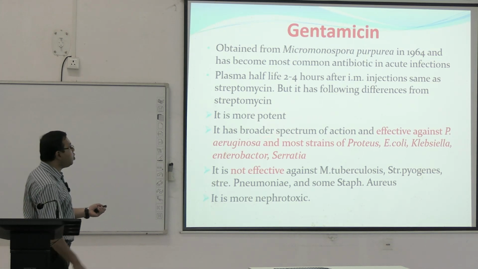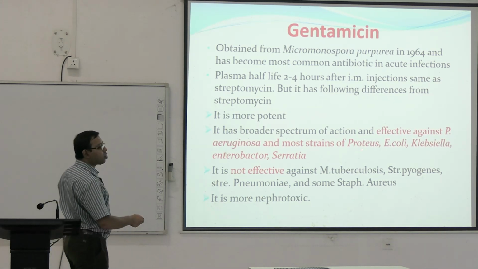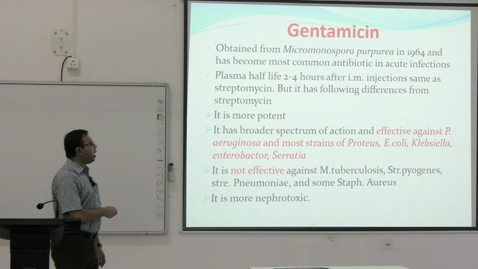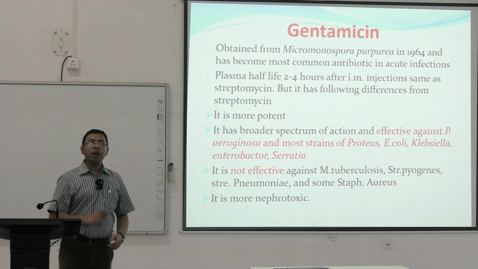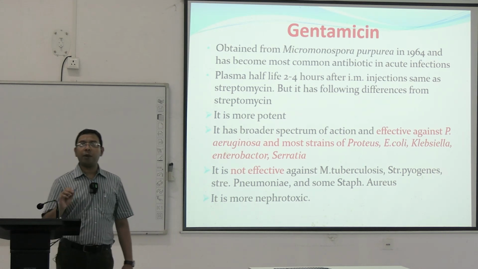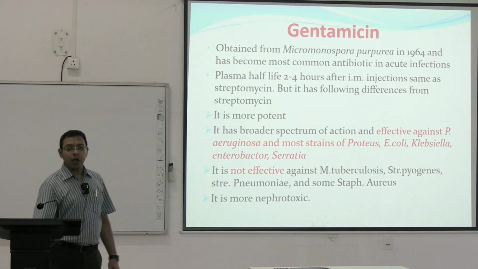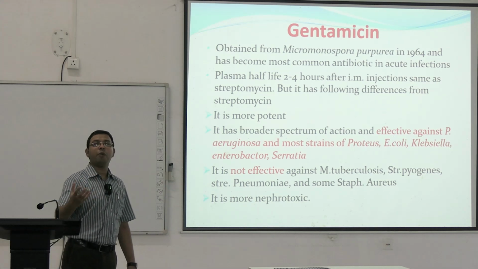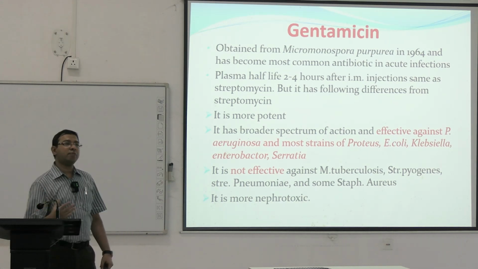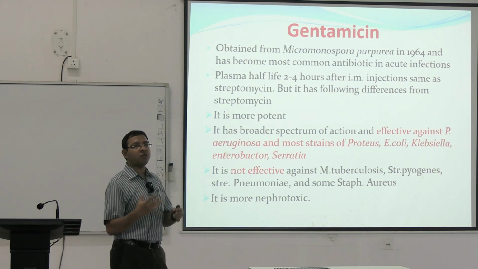It is effective against Pseudomonas aeruginosa and most strains of Proteus, E. coli, Klebsiella, Enterobacter and Serratia. These organisms are very notorious for the development of gram-negative septicemia, for example due to Pseudomonas. You can see these become resistant to several types of drugs.